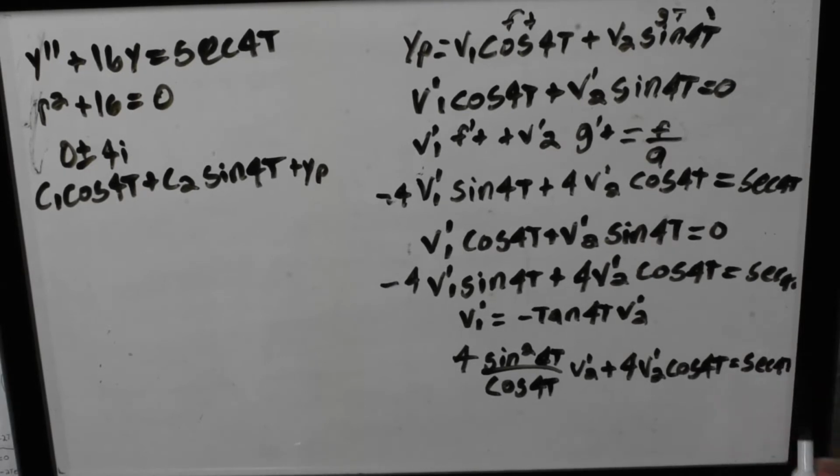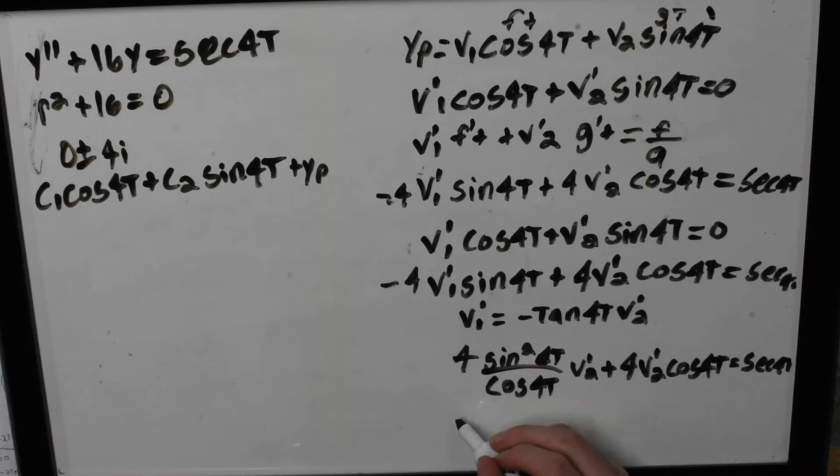Kind of running out of room, but that's a secant 4t right there. And if we multiply by a cosine 4t, since secant is just 1 over cosine, that will equal 1, and this will all simplify.